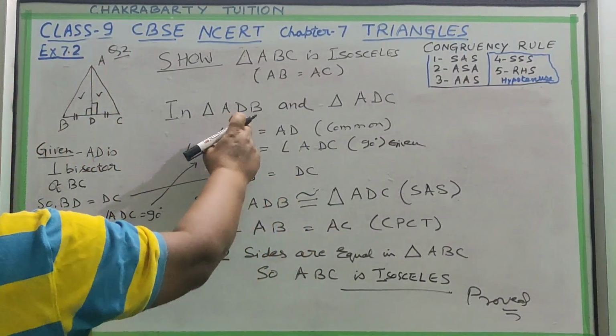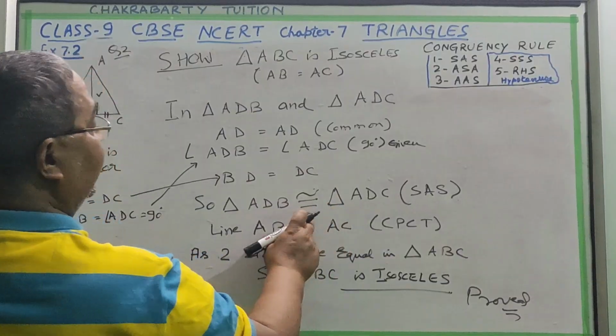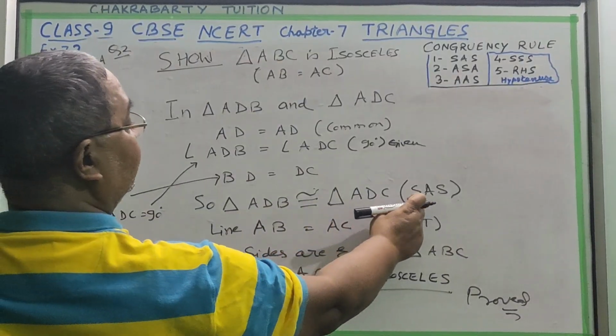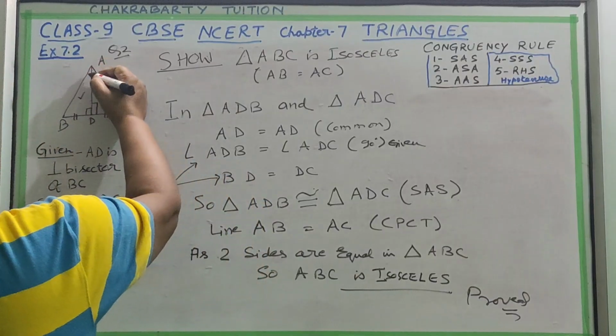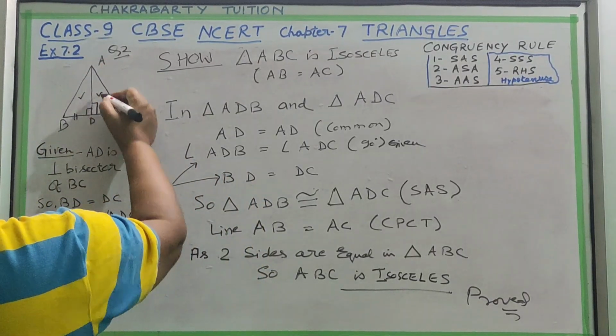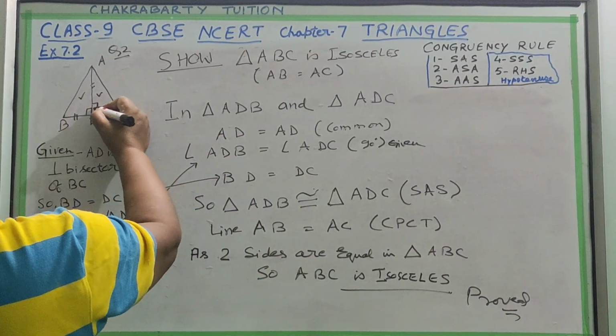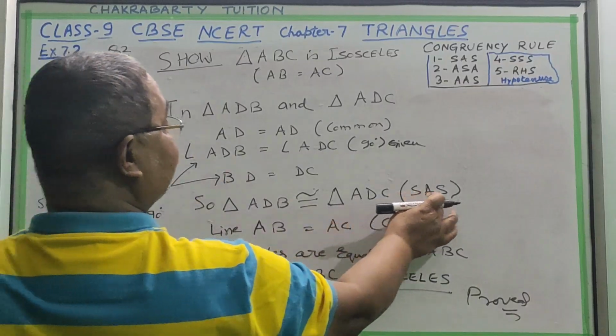It means triangle ADB will be congruent to triangle ADC on the ground of side, angle, side. This is side, then angle, and this is side. This should be in the same serial order.